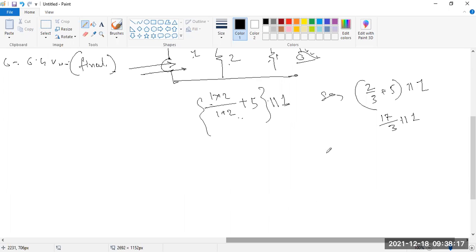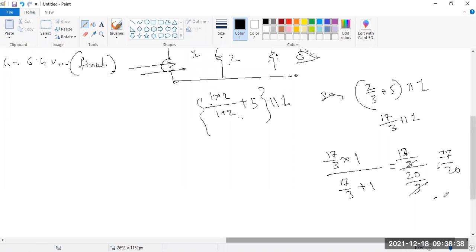So it will give you 17 by 3 into 1 divided by 17 by 3 plus 1. So it will give you, look, this is 17 by 3 by 20 by 3. So 3 is nullified, it is 17 by 20. Okay, so it will give you 0.85 ohm. Okay, now step 3.